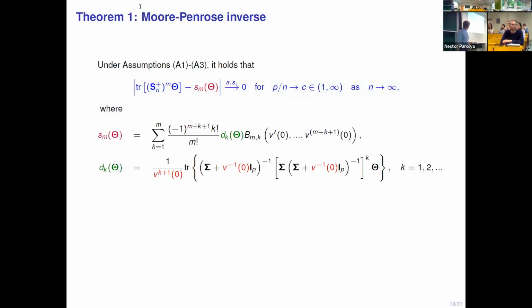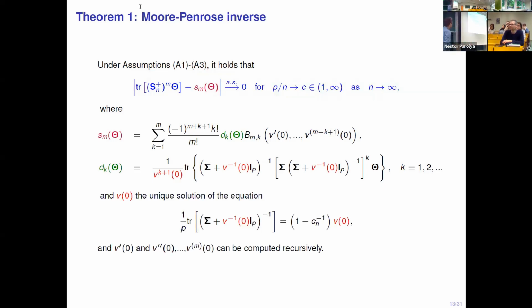It's the sum weighted by these Bell polynomials of specific d_k of theta, which have this expression. Looks ugly, but if you take m equal to 1, you will see what is happening.